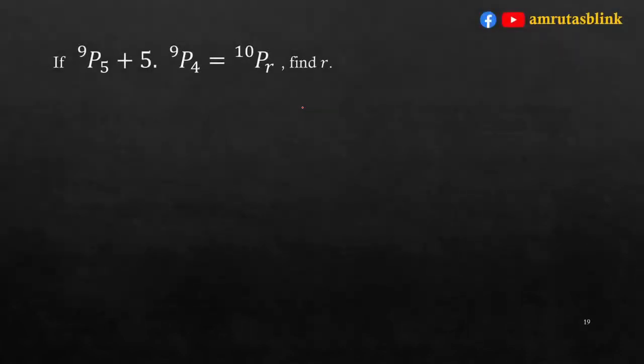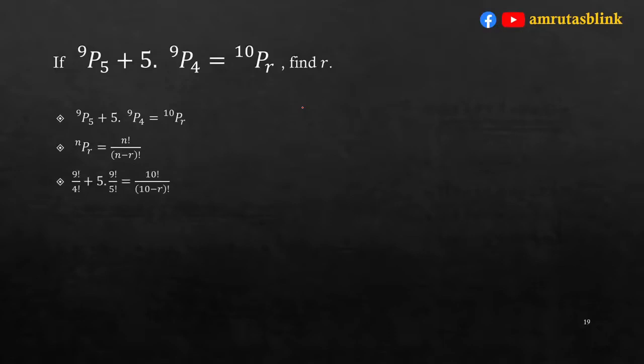If 9P5 plus 5 into 9P4 is equal to 10Pr, then we need to find out r. Now, what is the expansion of nPr? nPr is equal to n factorial upon (n-r) factorial.